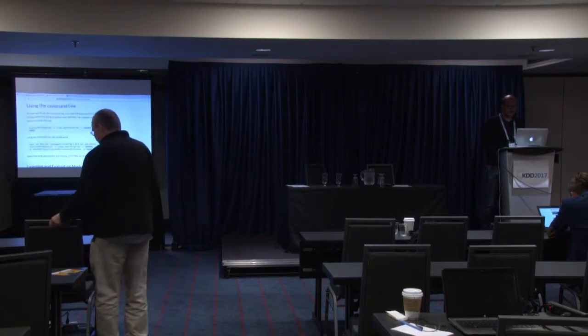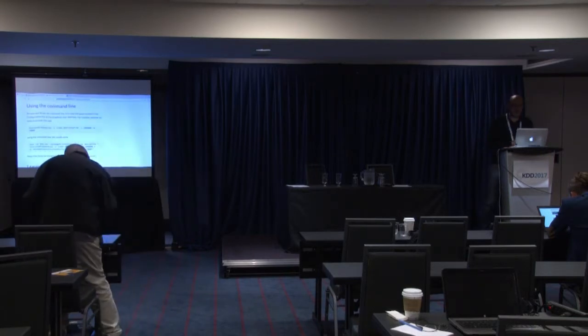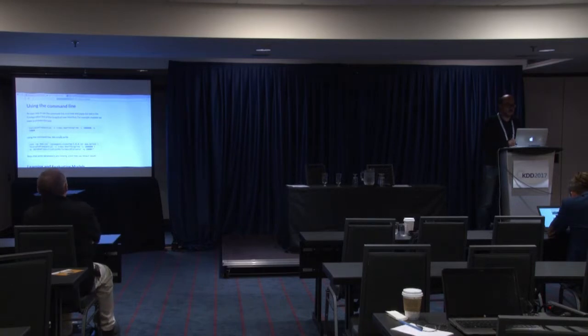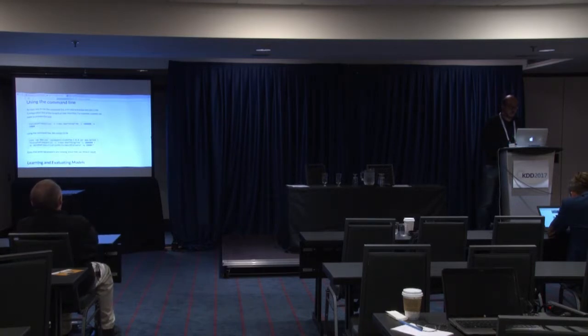So we'll go here to see how we should use the command line. Basically, from the command line, we're going to call the MOA jar using the Java command, and then we are going to use moa.DoTask. This is the one that tells that we want to perform this task, and the task is the same that we are using in the graphical user interface.